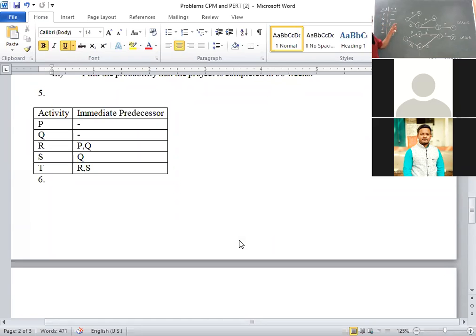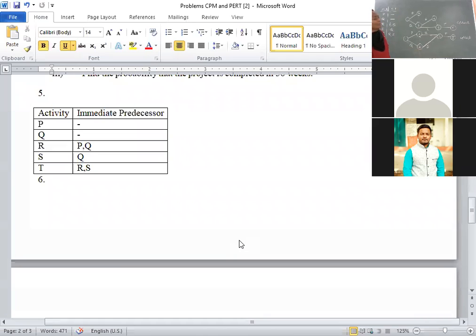Do you have any idea? No, not from this network diagram. That's why here I did P and Q simultaneously, both completed, then I have taken R. If I take this, I got only 1 dummy activity. If I take this, I got 2 dummy activities. Being a project manager, you have to reduce the number of dummy activities. That means it will save memory.